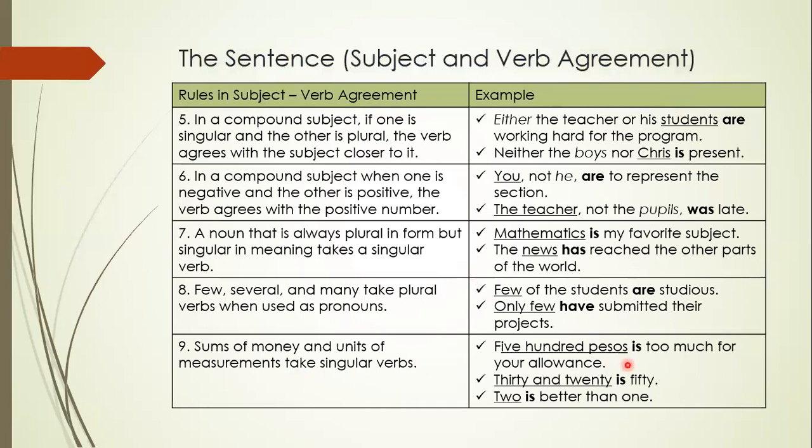Another one, 30 and 20 is 50. Again, these are numbers, so you need to have a singular verb. Last example, 2 is better than 1. 2 is a number, a unit of measurement, so you need to have a singular verb.